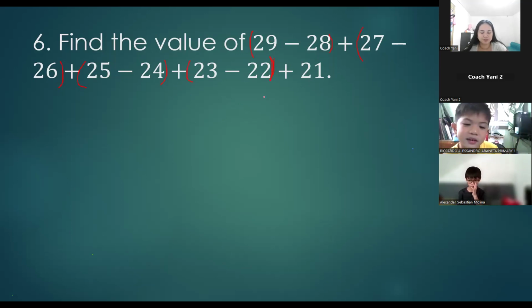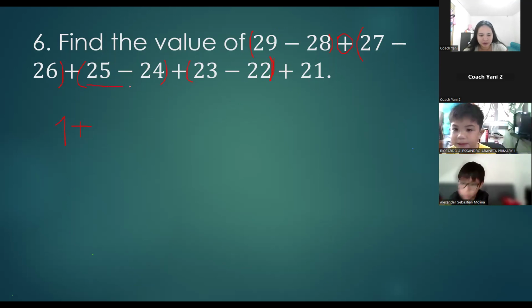You just have to put parentheses here, and then notice that each parenthesis is equal to 1. For example, 29 minus 28 is equal to 1. 27 minus 26 is equal to 1. So you just have to add that, because of this plus sign outside of the parenthesis.